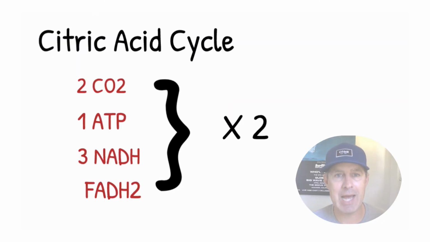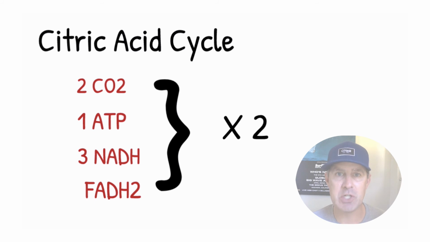The citric acid cycle creates 2 carbon dioxide, 1 ATP, 3 NADH, and 1 FADH2. Once again, NADH and FADH2 are going to shuttle electrons to the electron transport chain. But a cycle happens once. It's one cycle through.